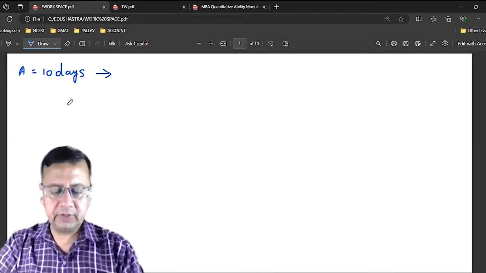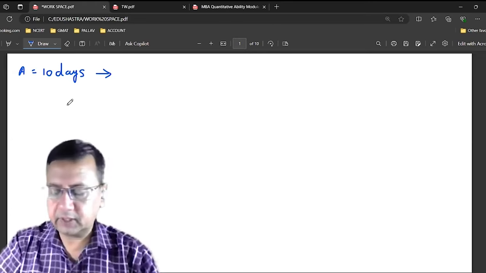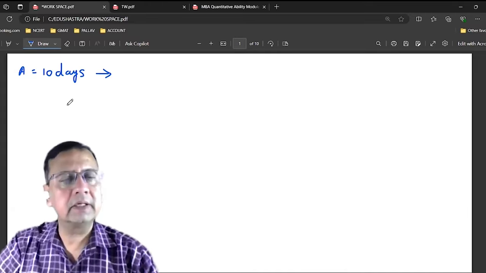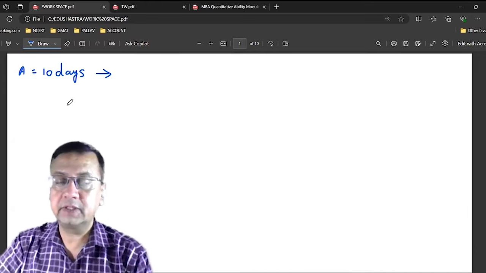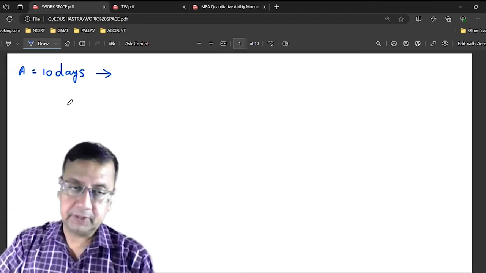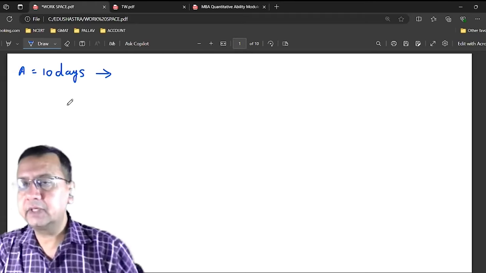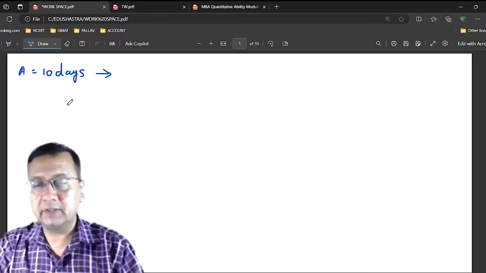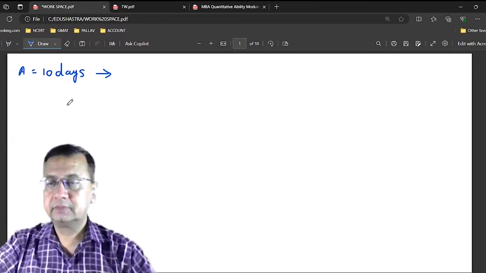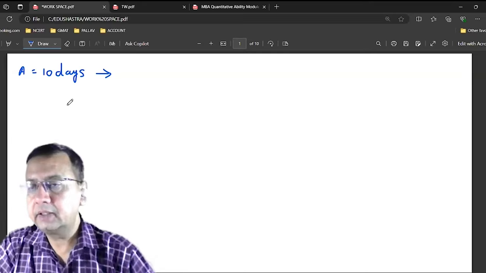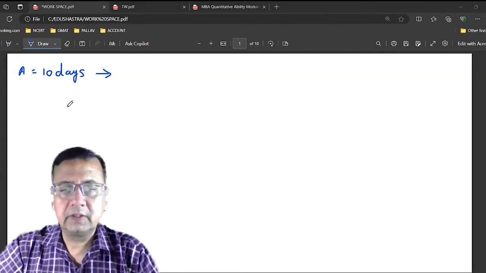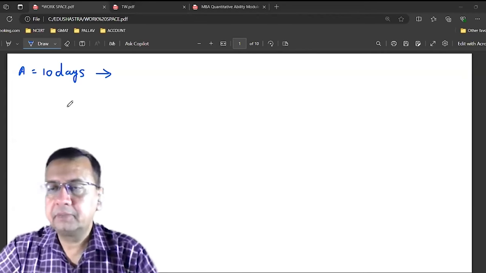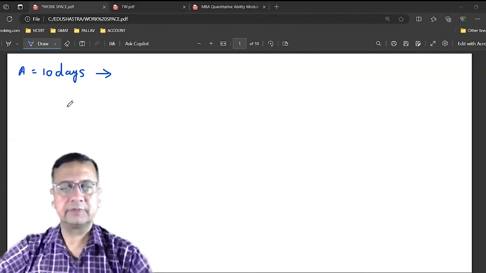I suggest everyone participate and discuss your ideas and concerns, and then we will have a good discussion and a good understanding of the topic. So Ayush is saying 1 by 10, Rahul is saying 10%, Manan is saying 1 by 10. Okay, no worries. Manan, can you unmute yourself?